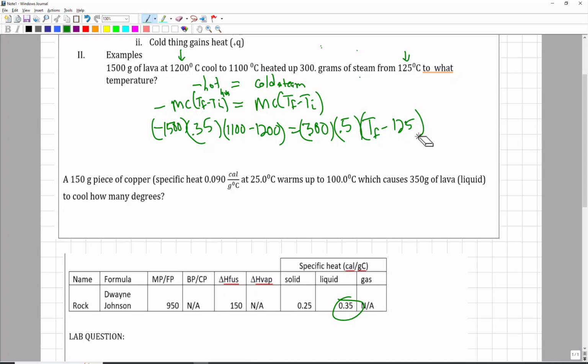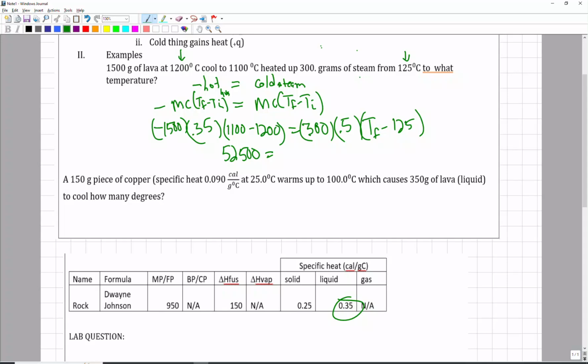So calculators assemble. Let's see what we can do. Negative 1,500 times 0.35 times negative 100 equals 52,500 equals 300 times 0.5 is 150.